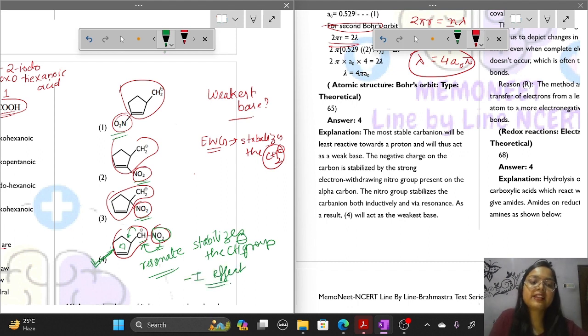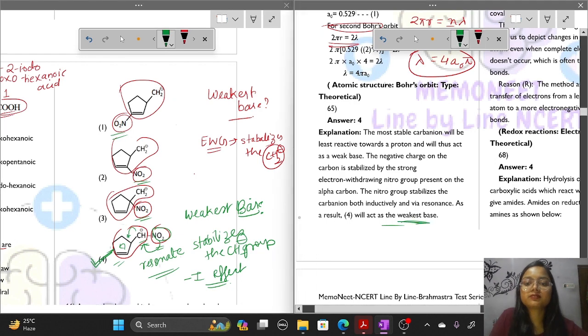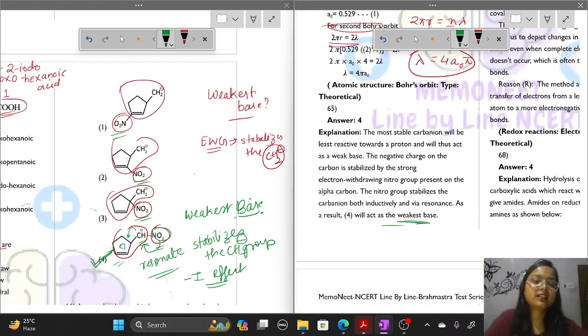It applies inductive effect and it also participates in resonance. So if all of this is going on in this case, it will be the weakest base. Option number 4 is the correct option.